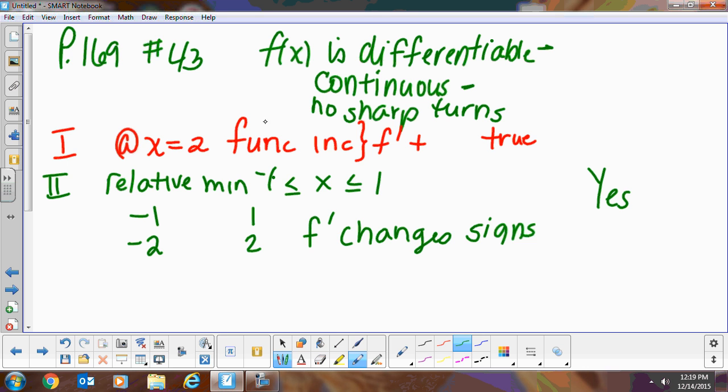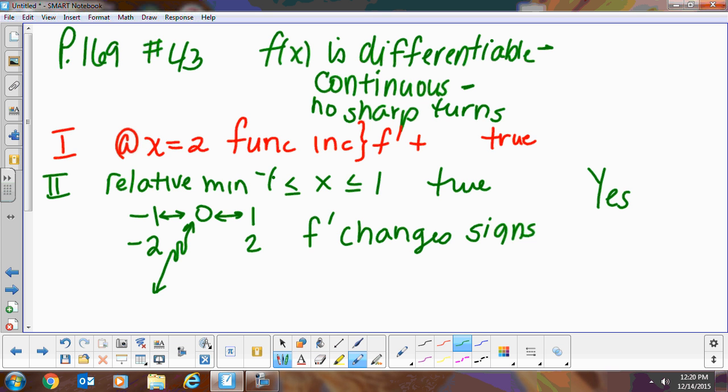Because you only know what's going on at negative 1, at 0, and at 1. Lots of things could be occurring in between. You could have a function come up and go down and go up and go down and go up, all in that little tiny space. You with me? So this one is also true. The fact that it said relative, I'm going to say yes. If they had said absolute, then it would have been no.